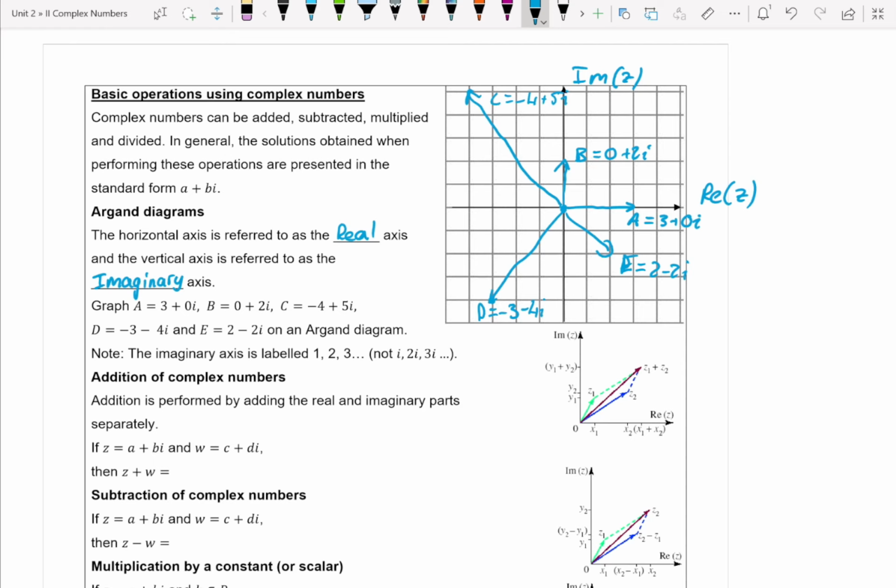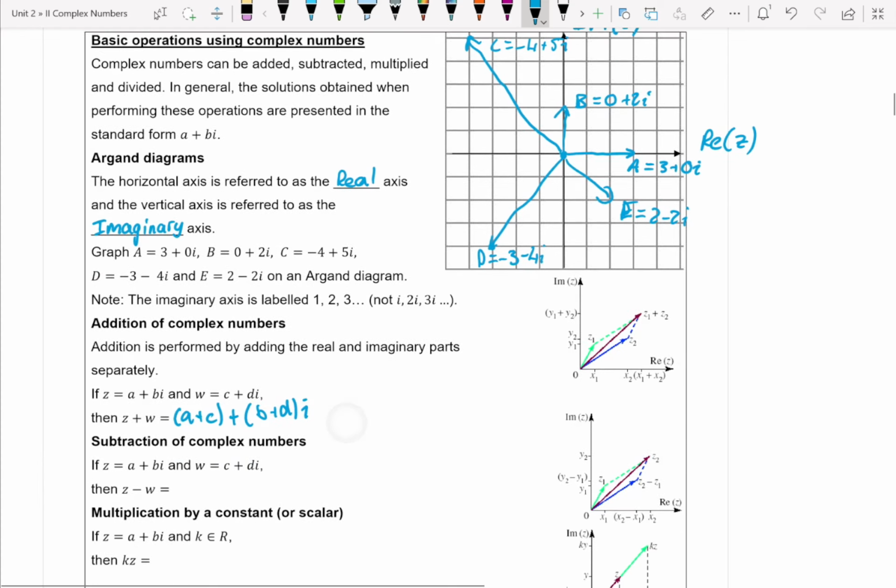All right, so addition of complex numbers. Addition is performed by adding the real and imaginary parts separately, very similar to adding i and j components of vectors. So z plus w is going to be (a plus c) plus (b plus d)i. Subtraction of complex numbers is very similar.